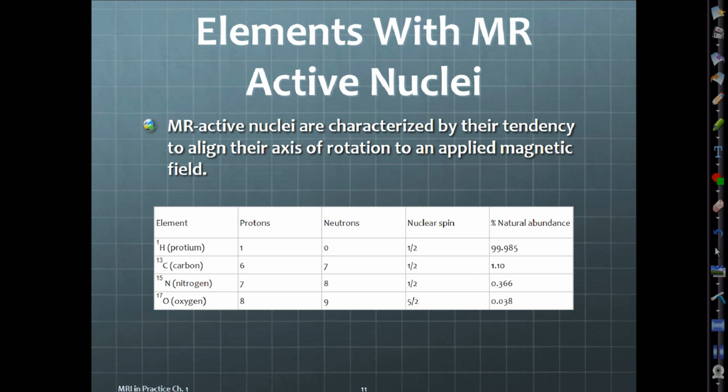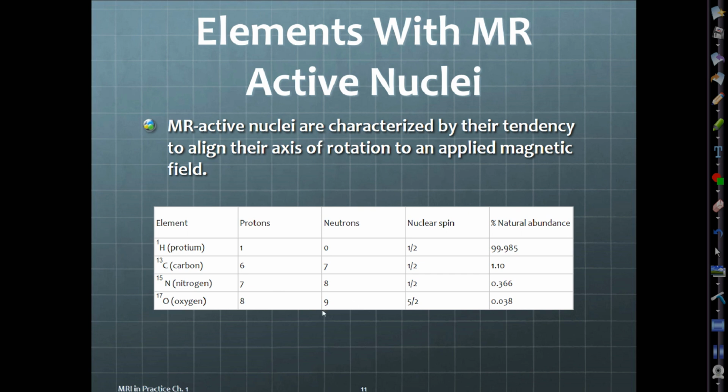So these MR active nuclei are characterized by their tendency to align their axis of rotation to the applied magnetic field. When we have isotopes with a difference between the number of protons and neutrons, it creates little bar magnets, right? And little bar magnets inside a very strong magnet tend to align with that static magnetic field.